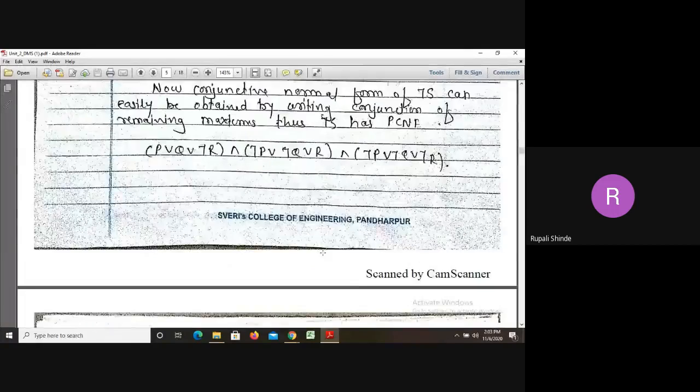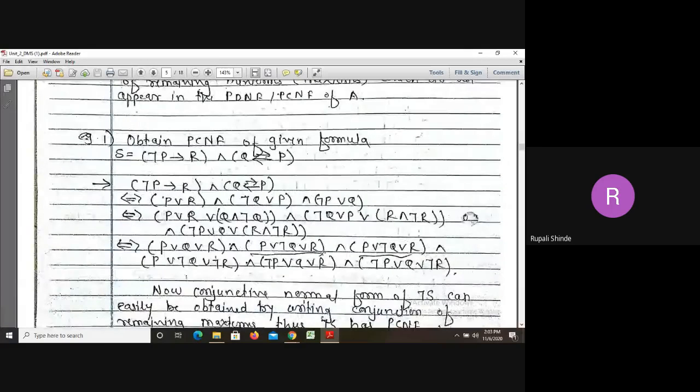हे कशासाठी आहे? जर तुम्ही PCNF आधी फाइंड आउट केलं तर त्याच्यावरून तुम्ही PDNF काढू शकता. Same if you find out PDNF first and from that you have to design PCNF, again same condition you have to apply.